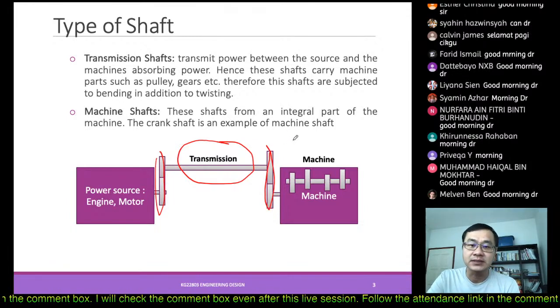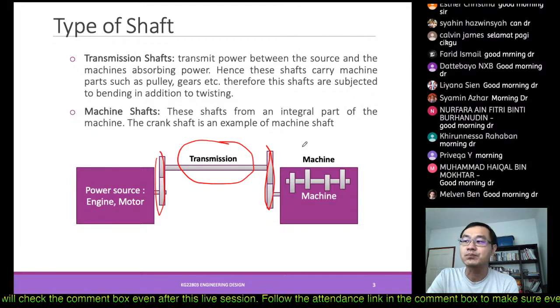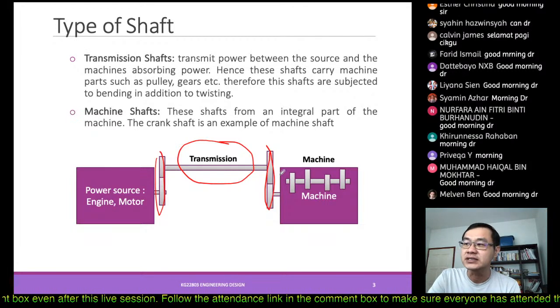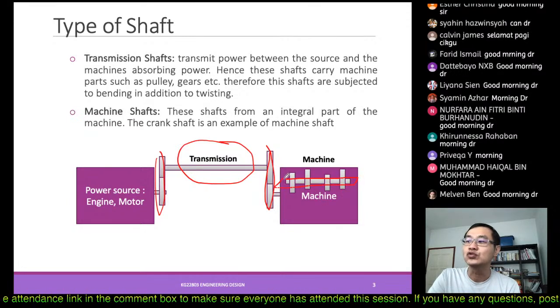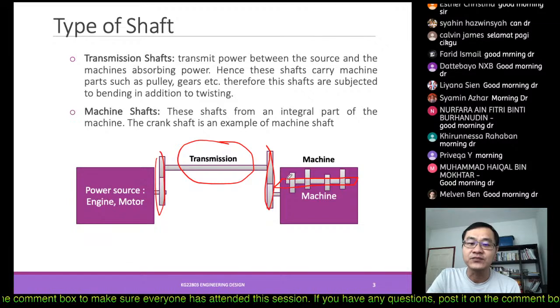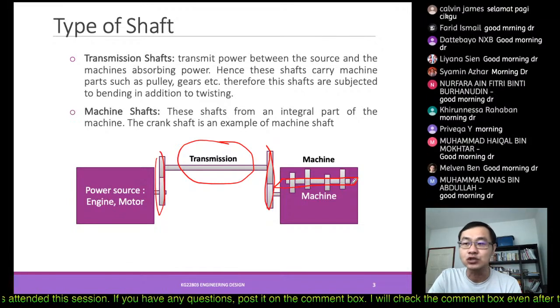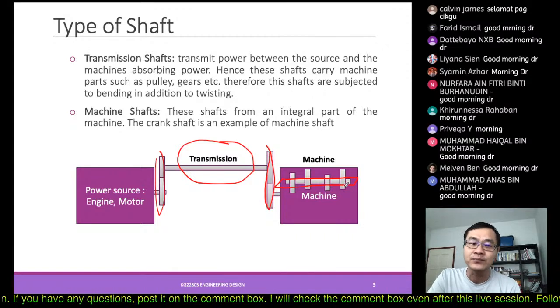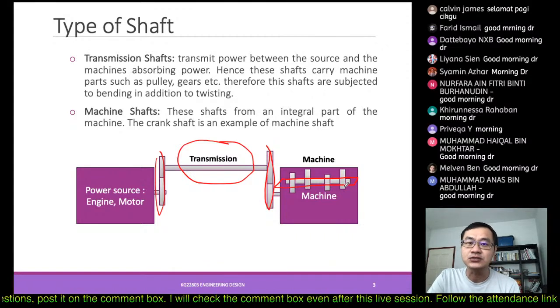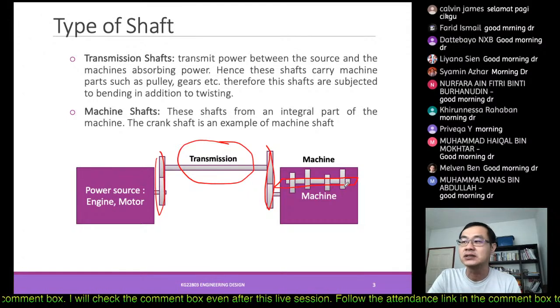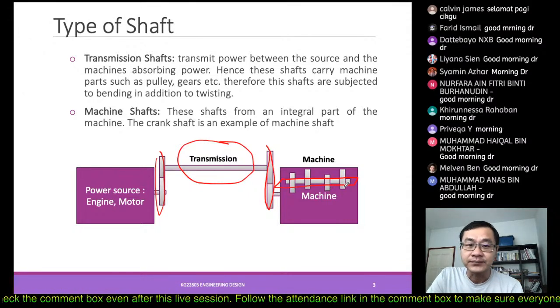Whereas the machine shaft is part of the machine itself. Inside the machine there may exist a shaft to handle its functions. They may need some kind of rotation and transmit that rotation to another part, so that they are doing things in a synchronous way.